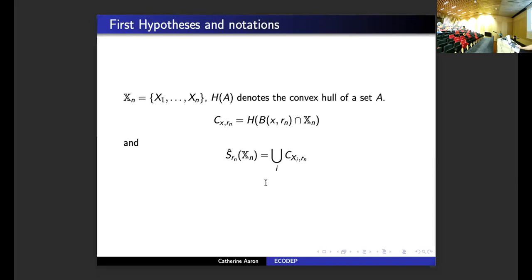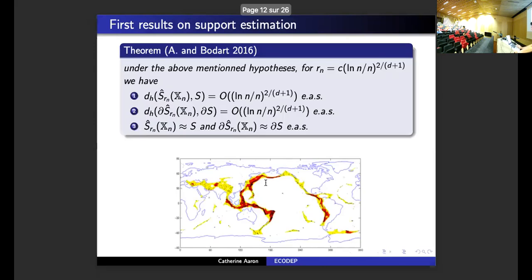So that's the first work we did with my friend Olivier, a long time ago now. If we do that, it's really nice. We have a lot of good properties. We know that the Hausdorff distance between the true support and the estimated support is of such order, which is a minimax order.